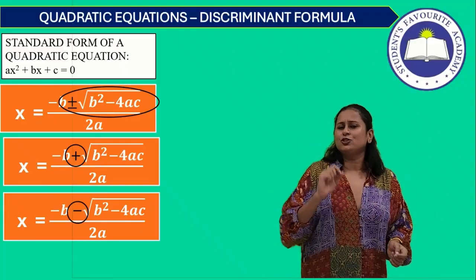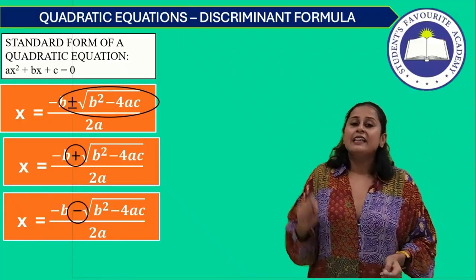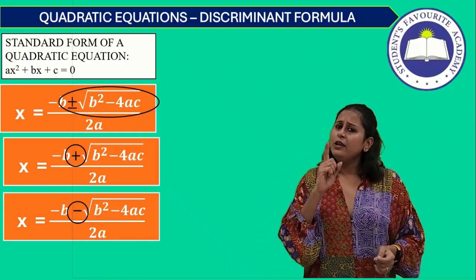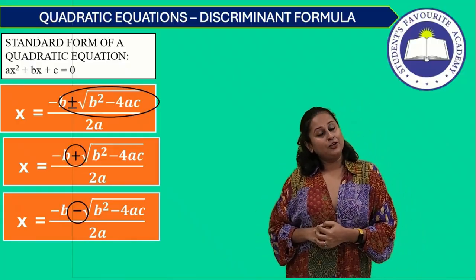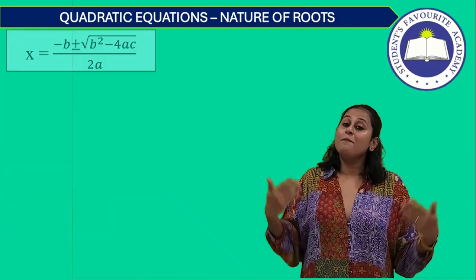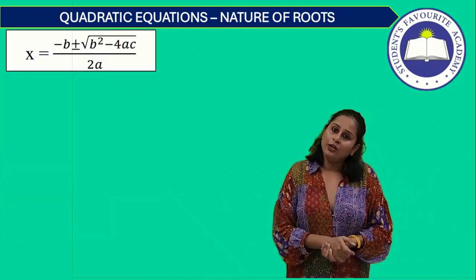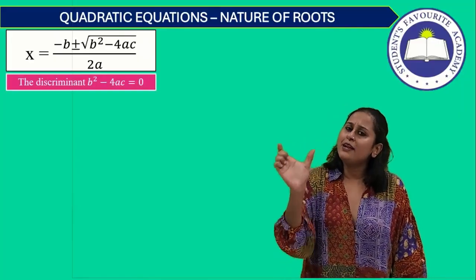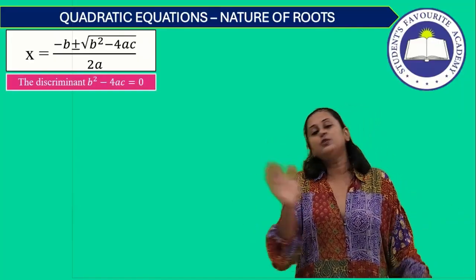So the question should arise, you should be curious, that when do we get only one root of this equation, or only one value of x which satisfies the equation or makes the equation equal to 0. This will only happen when this term b square minus 4ac becomes equal to 0.